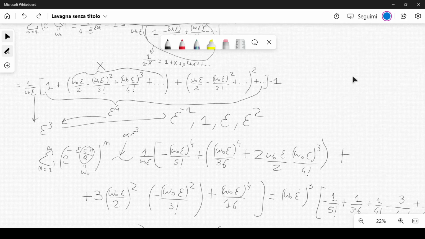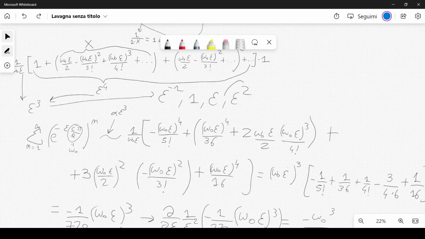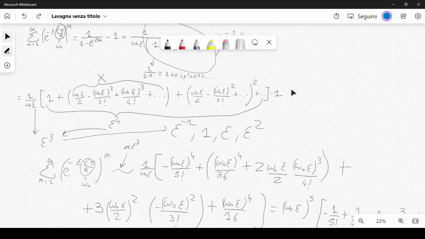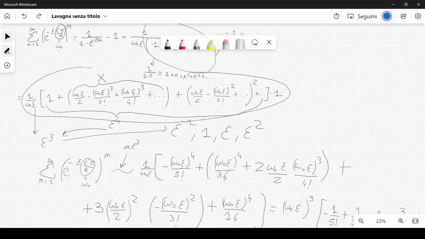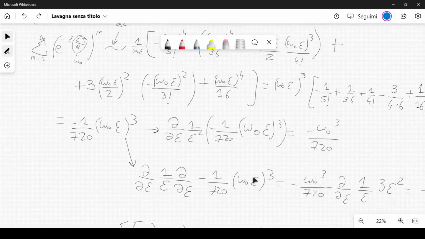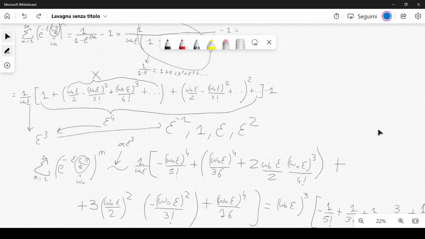So first, let's consider epsilon squared, right? If we consider epsilon squared, we want to rewrite these terms. In particular, we are only concerned with the terms that are proportional to epsilon squared there, which means that we have to consider terms that are proportional to epsilon cubed from here.